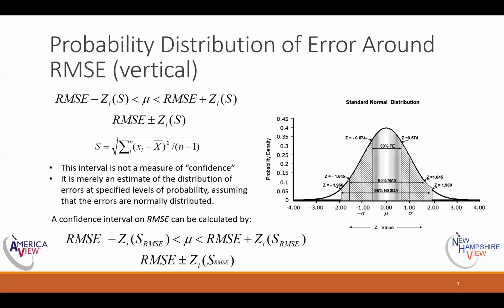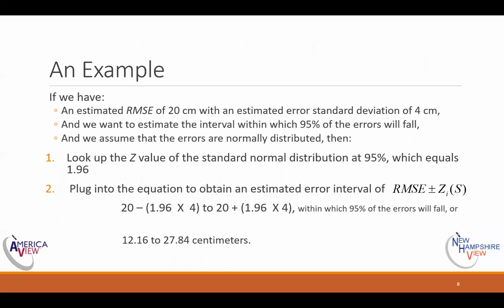We're going to apply this to a real example so you can kind of see what's going on. So here's an example. If I had an estimated root mean square error of 20 centimeters with an estimated error standard deviation of 4 centimeters, and I want to estimate the interval within which 95% of the errors will occur, and we assume that the errors are normally distributed, then it's a really straightforward process.